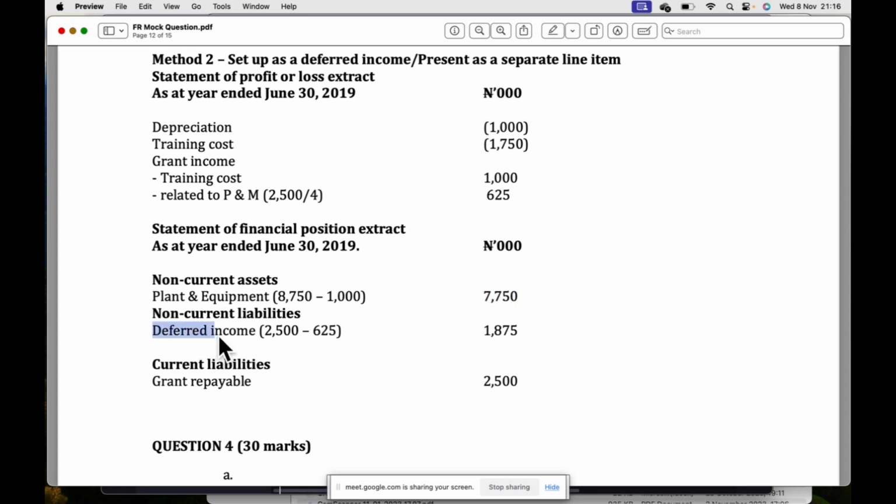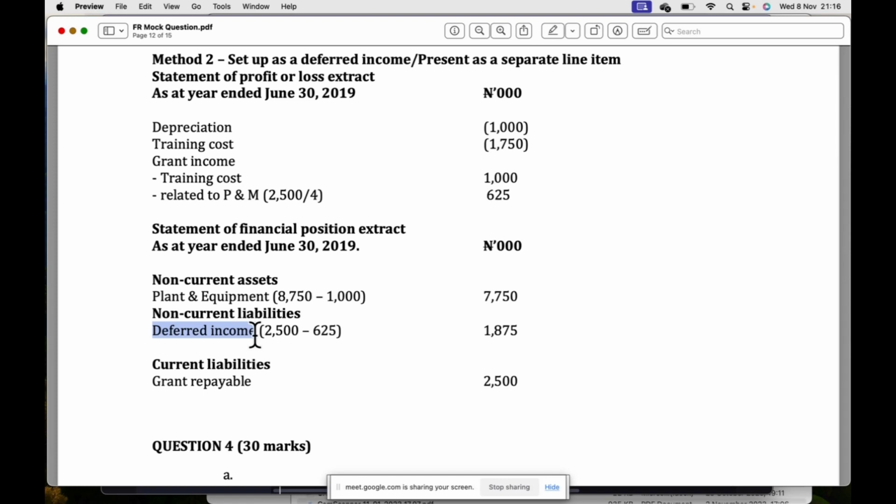Then the deferred income. So that 2.5 million the government gave me, I can't recognize everything this year because they gave me for an asset that we use for over 5 years. So the portion that I'm not recognizing as income this year, I will recognize it as a deferred income.